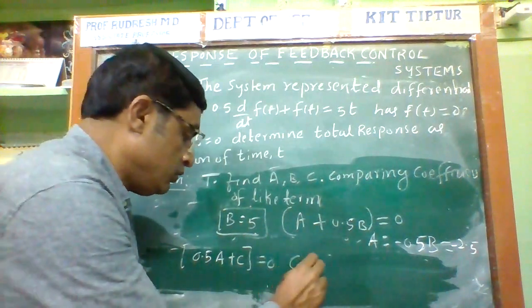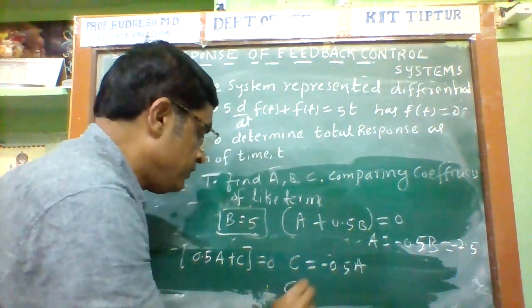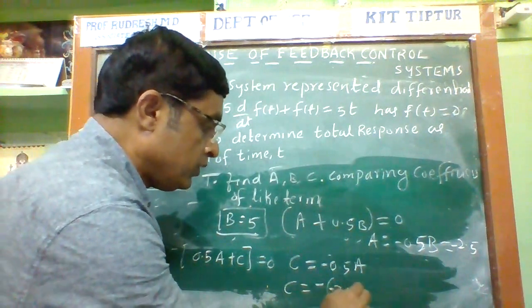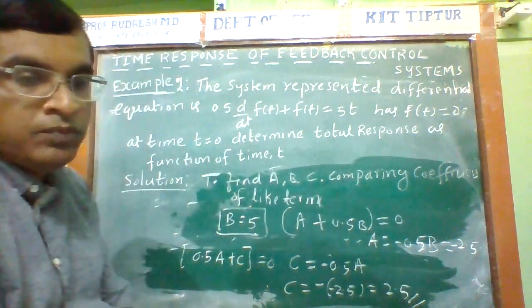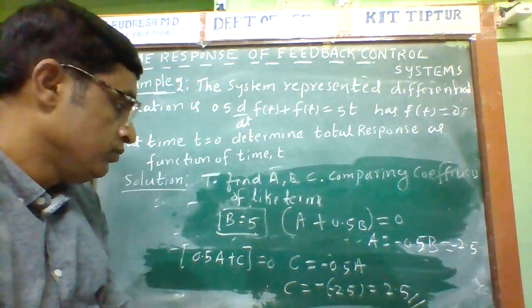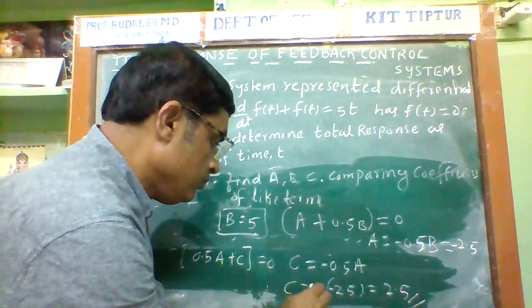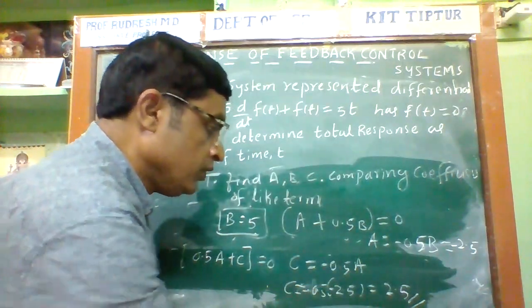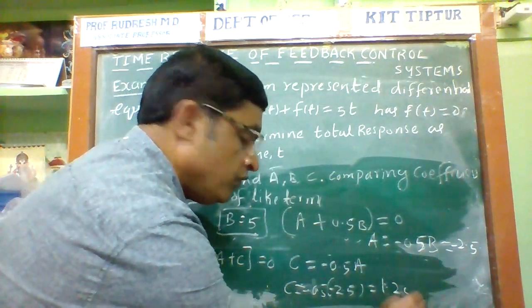Now c is equal to minus 0.5a, therefore c is equal to minus 0.5 into minus 2.5, which is plus 1.25.